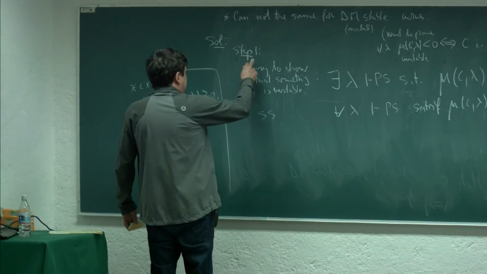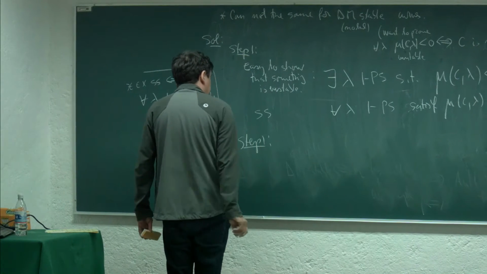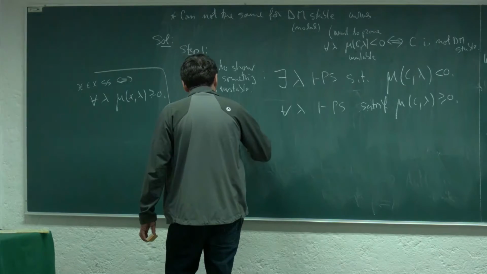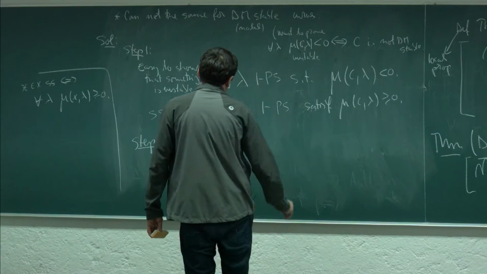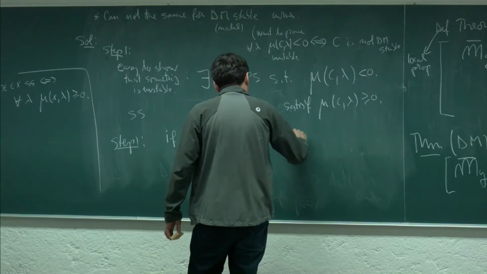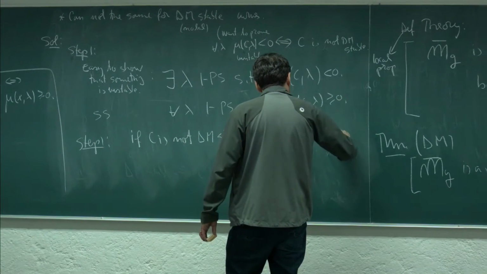So basically, in step one, Mumford shows, or Gieseker shows, that if C is not DM stable, then C is GIT unstable.